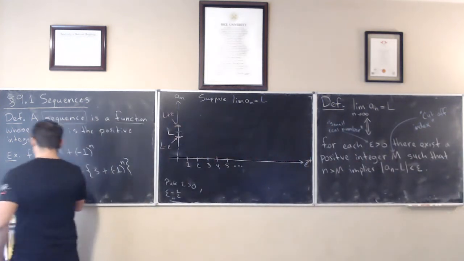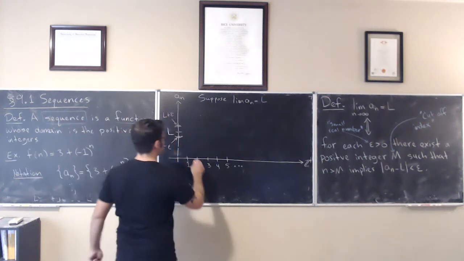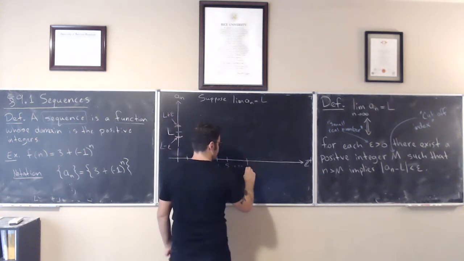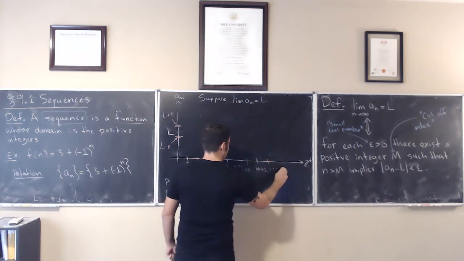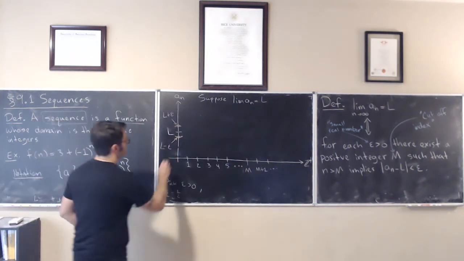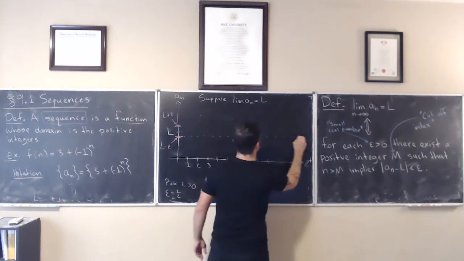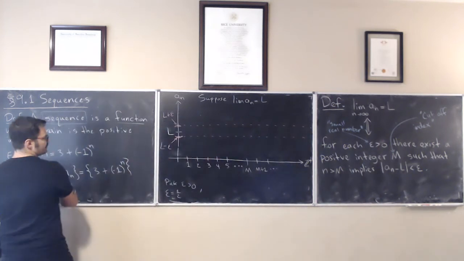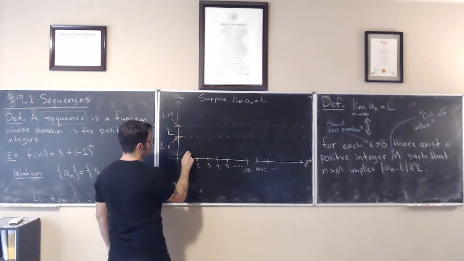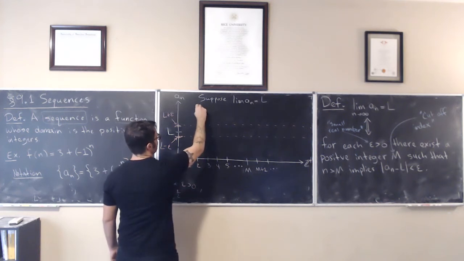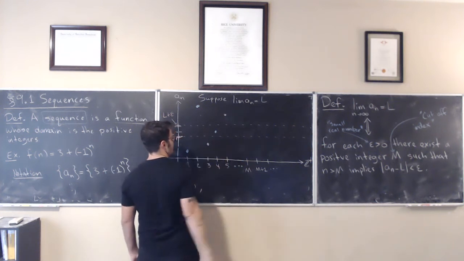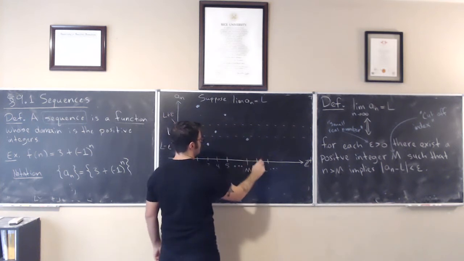Anything that you plot past that M, so for example, suppose this is our M. If we start plotting our sequence, maybe A1 is there, A2 is up here, A3 is there, A4 is there, A5 is there, A_M is here.